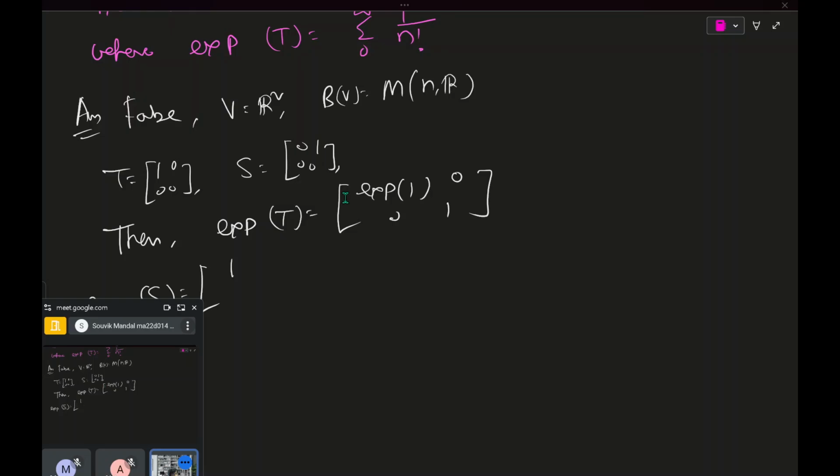So these are the corresponding exponentials. Now we have T plus S equal to [1 1; 0 0].